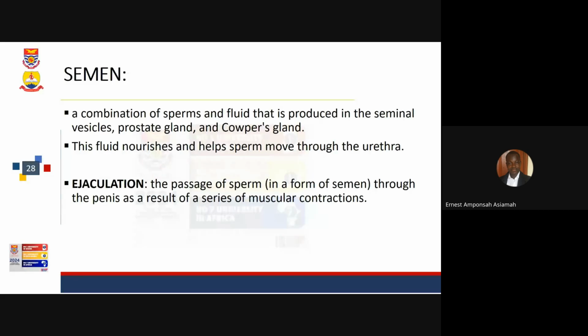There should be a balance in the system: hydration, and you also have to nourish yourself, because the system requires nutrients. When all these things are satisfied, then we can say you can keep on having frequent sex, but there should be some interval, a spacing, so that the system can rest and be able to produce.